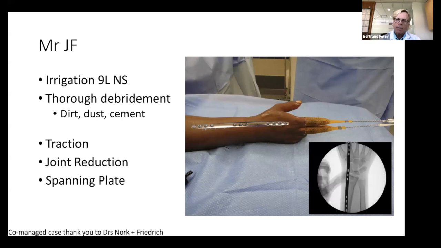What are the steps? Yes, typically we will do this in a minimally invasive way, and the paper by Doug Hanel describes this quite well: doing a proximal incision, dissecting down, going right down on bone, and then carefully elevating subperiosteally or even supraperiosteally, and then sliding the plate distally in line.